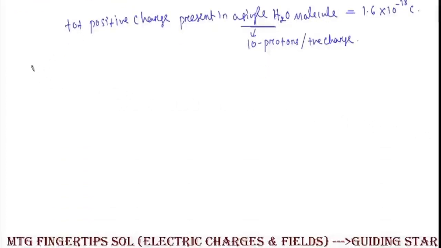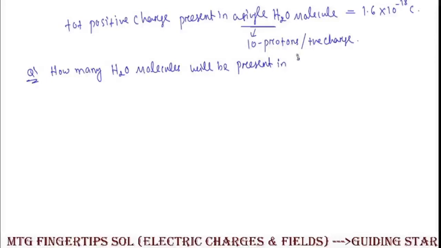So right now the other question is how many water molecules will be present in 250 gram of water. Clear. So here in this particular case we'll take the help of the mole concept.